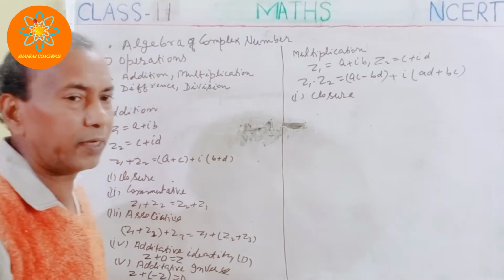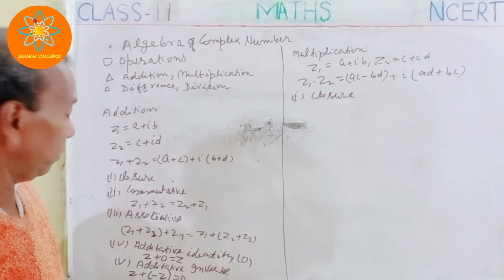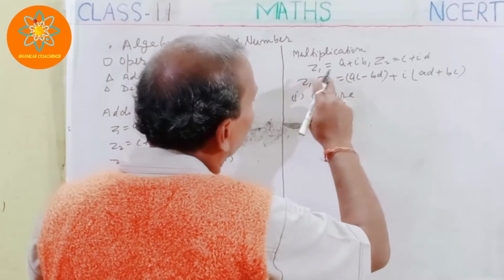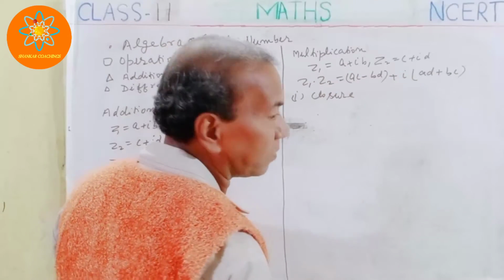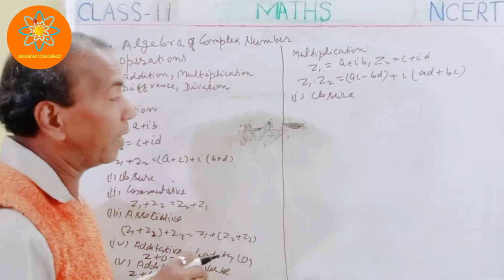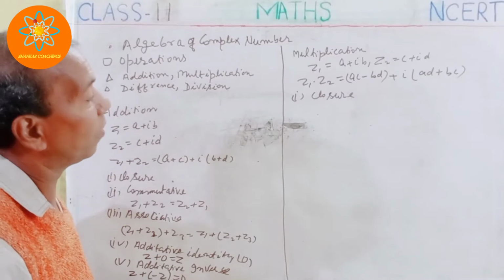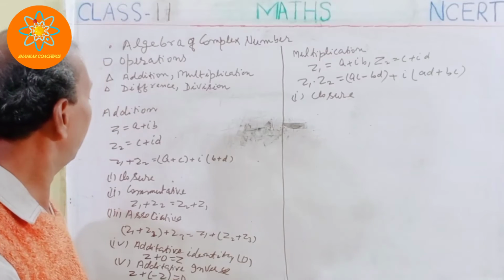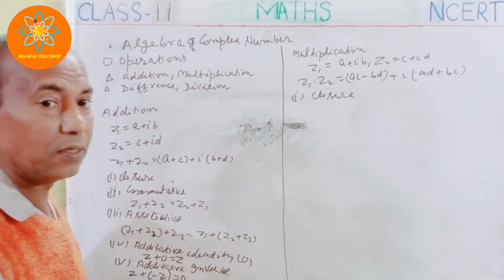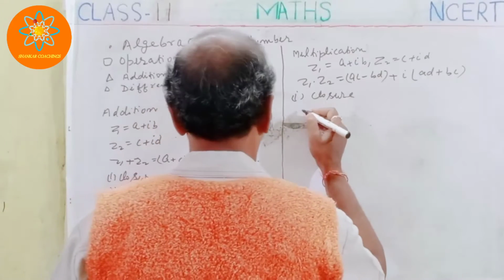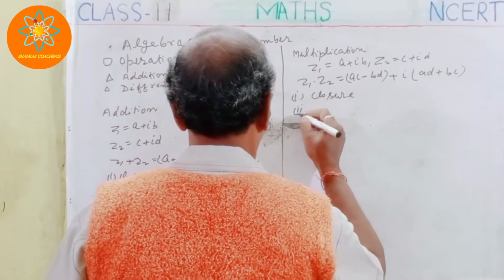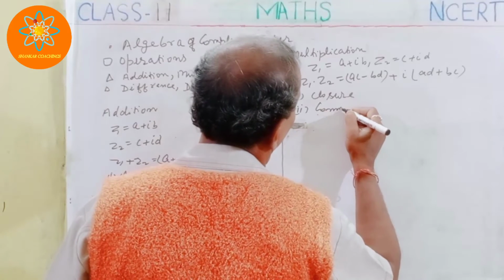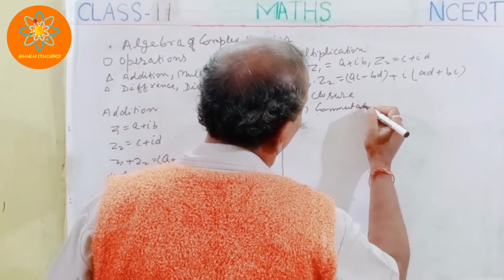What does the closure property mean in this case? If I take two complex numbers z1 and z2 and multiply them, then again we will get a complex number. So that indicates this is true for the closure property. Then the second one is the commutative property.